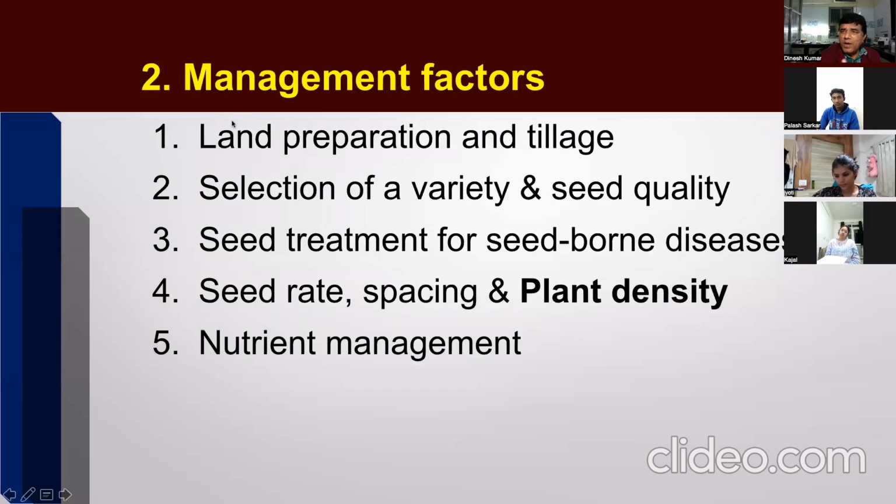Management factors are all the agronomic factors you study in agronomy, where you want to increase the yield and optimize the levels of different factors. If you have better varieties and better seed quality, an optimum seed rate will give you maximum growth. It is not that a high seed rate or a low seed rate will give better growth; you need to optimize.